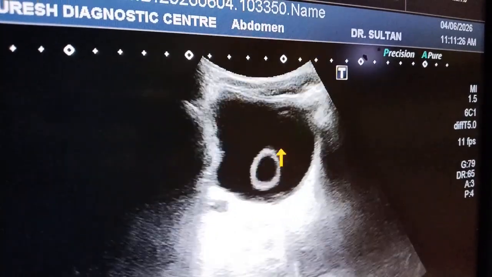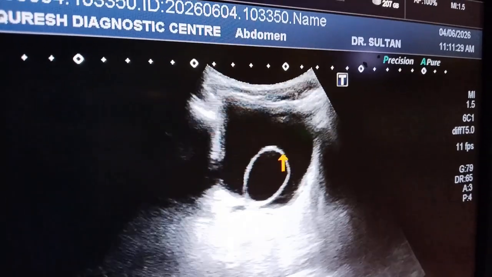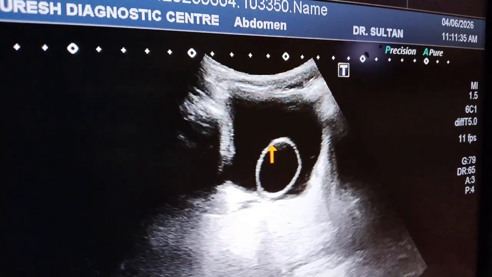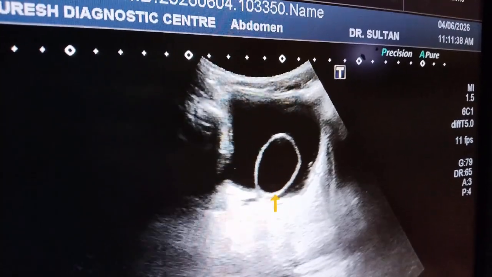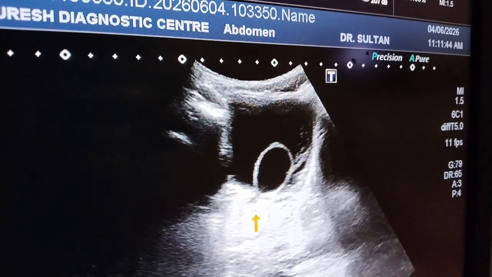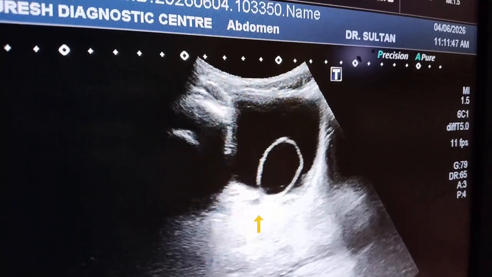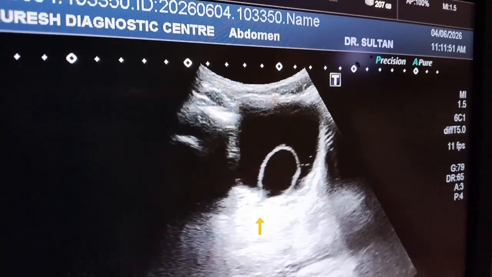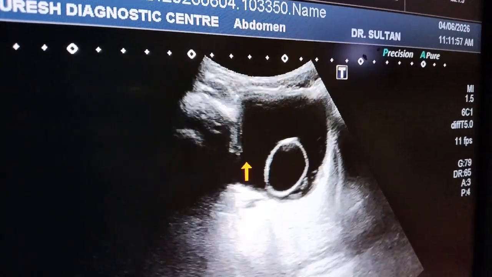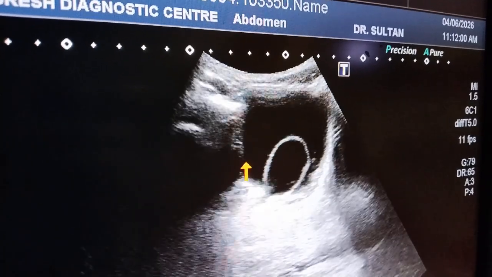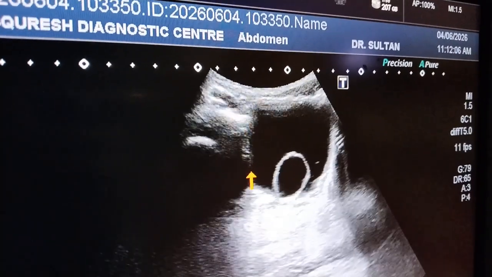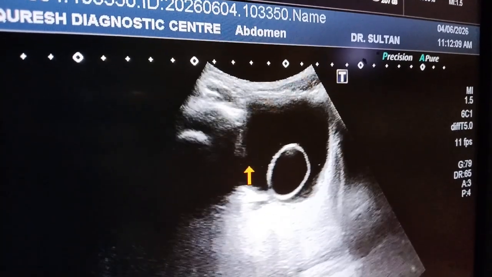So here is how we can describe it: there is a mildly thick walled cystic structure projecting into the lumen of the urinary bladder on the right side at the level of the vesico-ureteric junction, demonstrating a decrease in size at one time and an increase in size at another time.